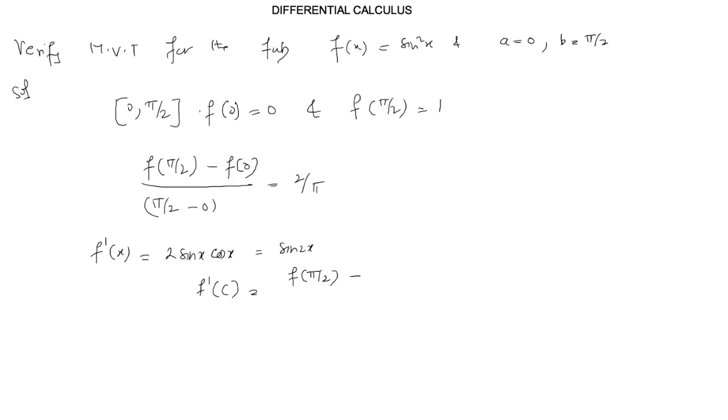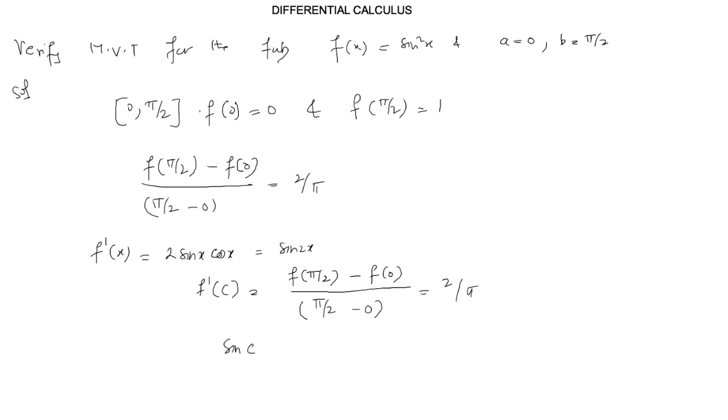And by mean value theorem, f dash of c is f of pi by 2 minus f of 0 divided by pi by 2 minus 0. So this is 2 by pi, right?